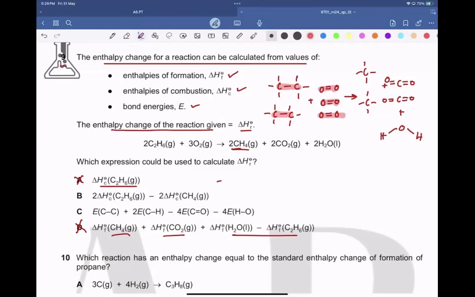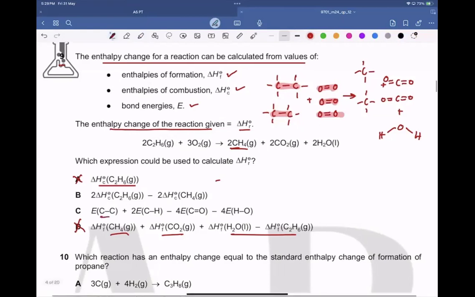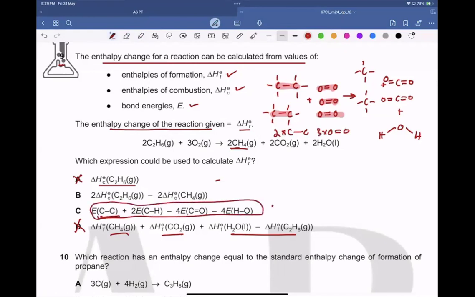So see the formula of bond energy from the calculation, it says bond breaking minus bond forming. So these bonds are broken. So it must be times 2, right? Because there are 2 carbon-carbon bonds which are broken. So it must be times 2, and the oxygen bonds must be times 3. And if you see in this expression, the oxygen bonds are missing, right? So that makes C goes wrong as well.